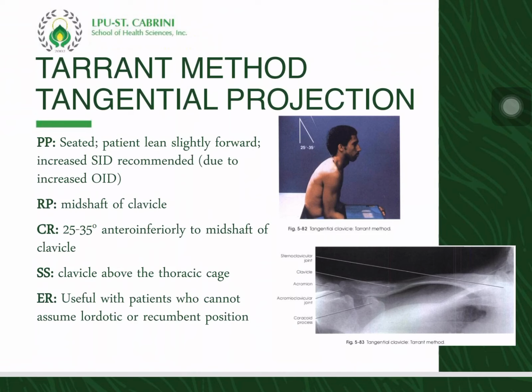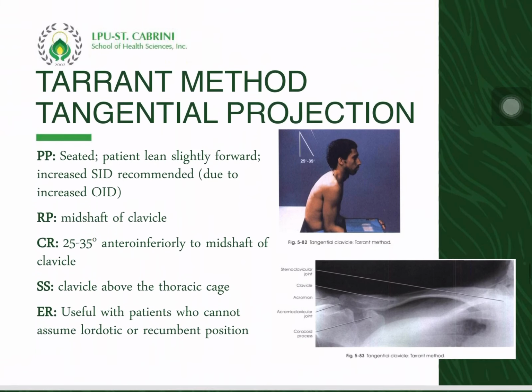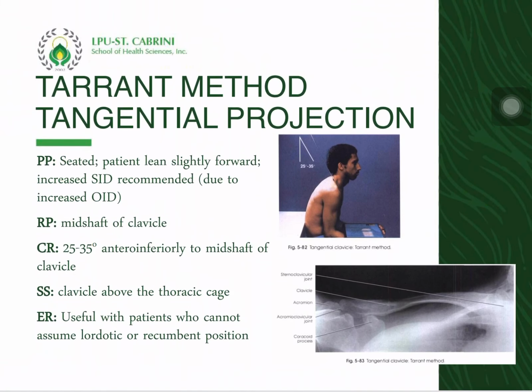The resulting image will be magnified as a result of increased OID. To compensate for the magnification, an increased SID is recommended. The central ray is directed 25 to 35 degrees antero-inferiorly to the midshaft of the clavicle to project the clavicle above the thoracic cage.